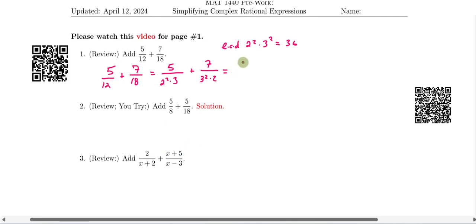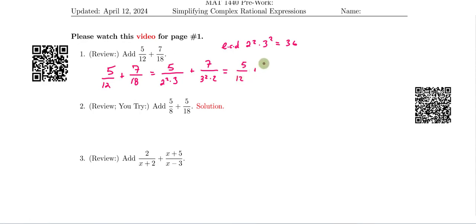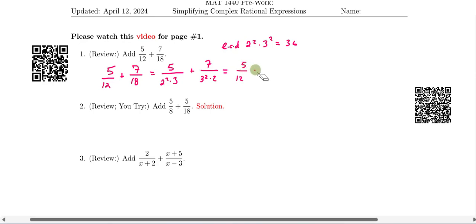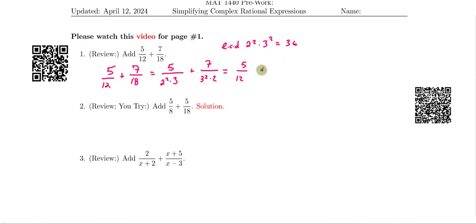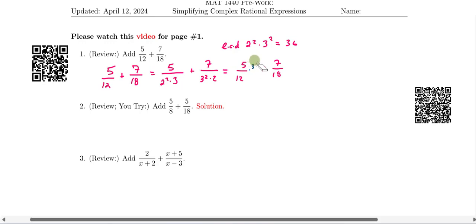So now that we've got that, we've got, again, 5 twelfths plus 7 eighteenths. We're going to now multiply both of these expressions by the missing factors from the LCD.